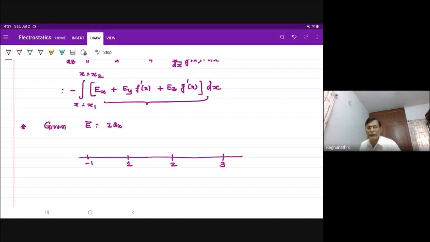Don't worry about the distances I marked. Okay. -1. When it is moved along x-axis or along a straight line parallel to x-axis, this is x-axis.